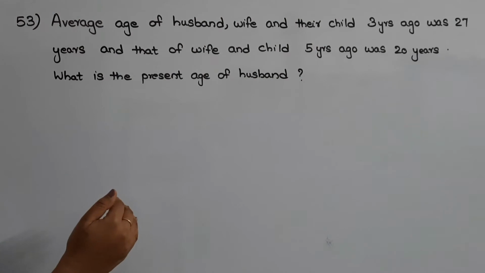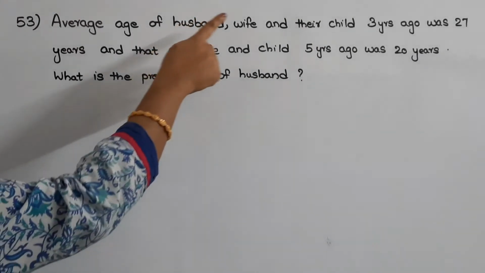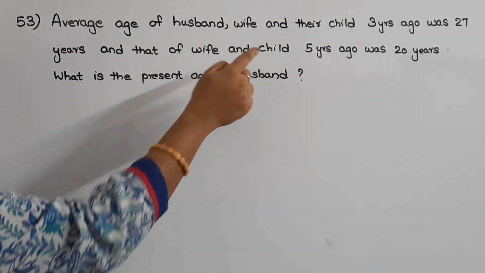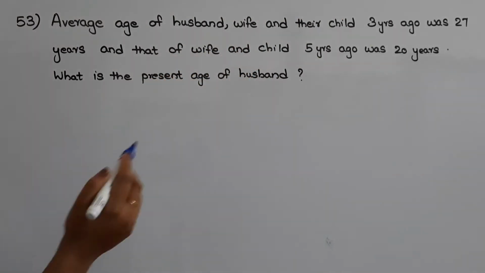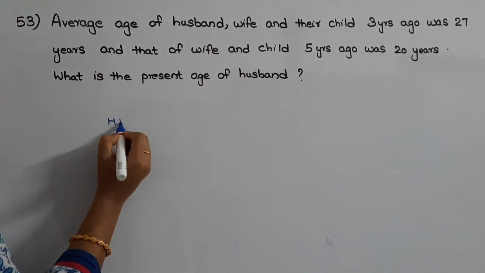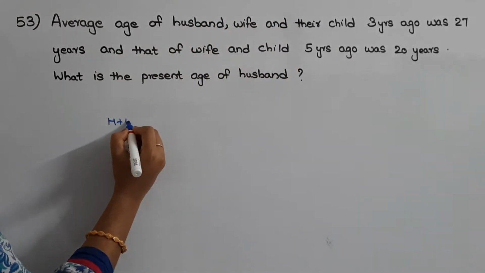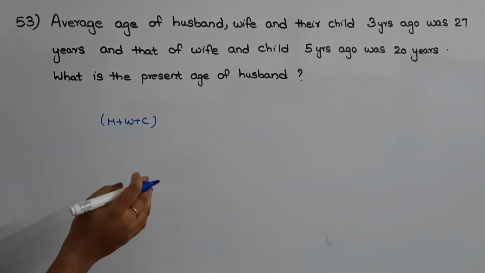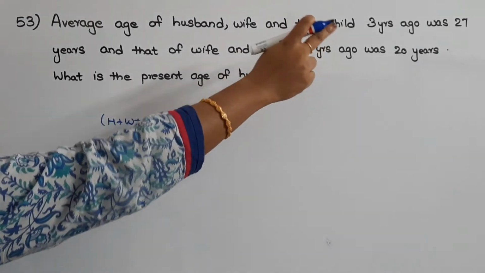So first we need to find out the average age of husband, wife and child at present, and also the average age of wife and child at present. If the average age of husband, wife and child 3 years ago was 27, then at present their average age will be 27 plus 3.